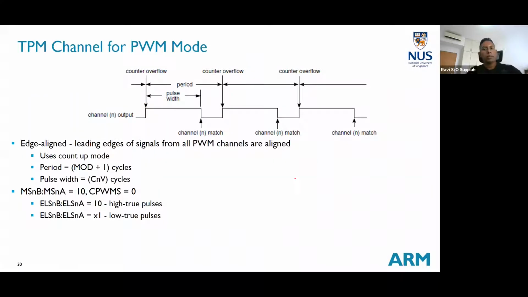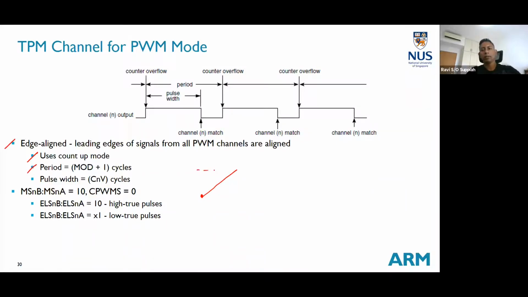So in our TPM module for the KL25Z, what we need to do is decide what kind of mode of operation we want. There are two types. One is what we call the edge aligned PWM signals. In the edge aligned PWM signals, the counter only counts up, up to the period.